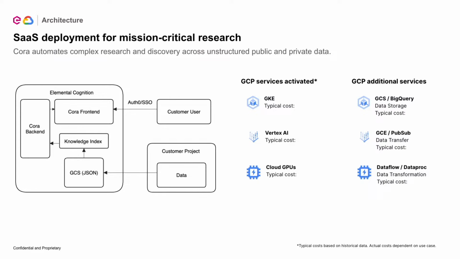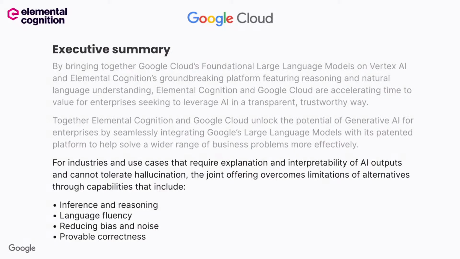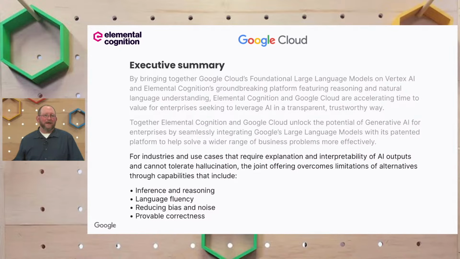And it's built on Kubernetes, it's built on Vertex, they use TPUs, they use Dataflow, just like we laid out for you. They really help customers improve inference and reasoning, language fluency, and provable correctness. It enhances your ability to go back and verify this really is the right answer.